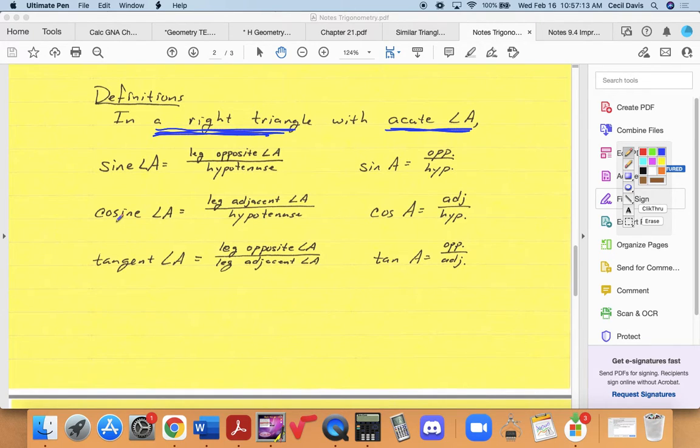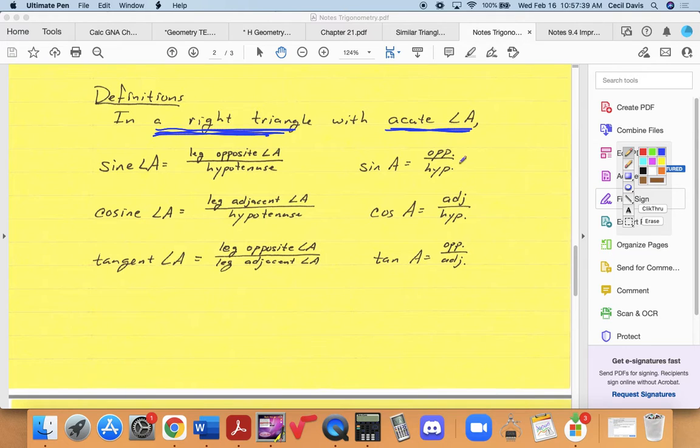The cosine of angle A is the leg adjacent to angle A over the hypotenuse. Again, we'll shorthand that by saying cosine of A, and again, don't say the cos of A. There's no such thing as cos. Cosine of A is equal to adjacent over hypotenuse.